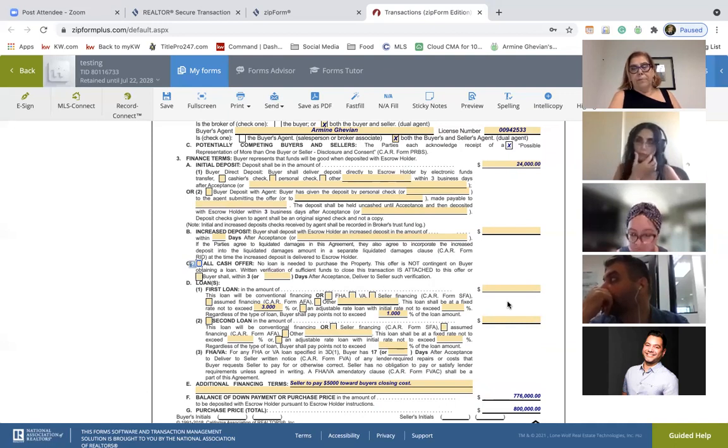The rest? That's the loan. What is the loan amount, guys? So the price of the property is 800,000. 3% of that is 24,000, right? The deposit. And so they're putting down 20%.